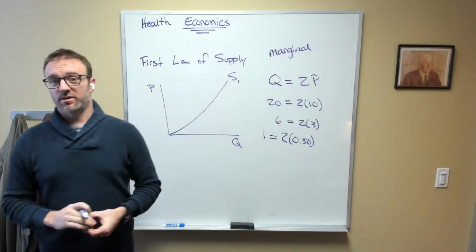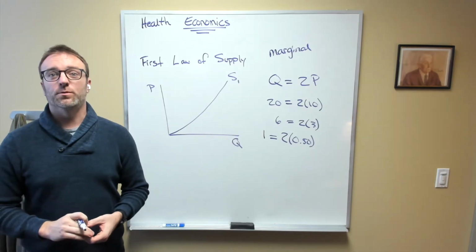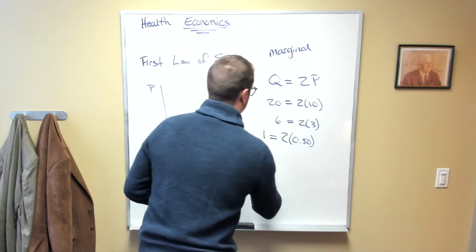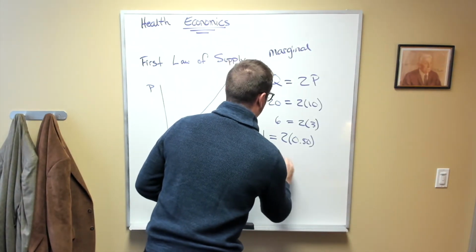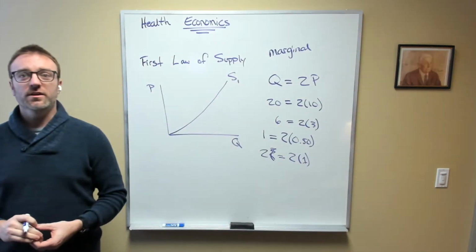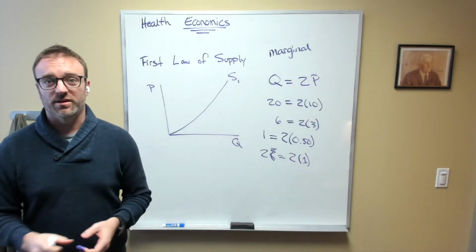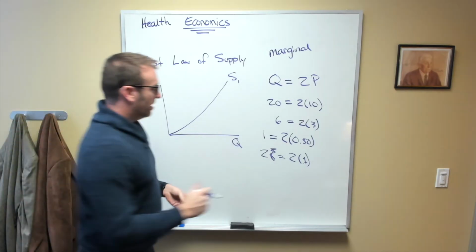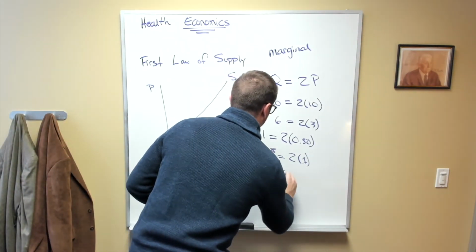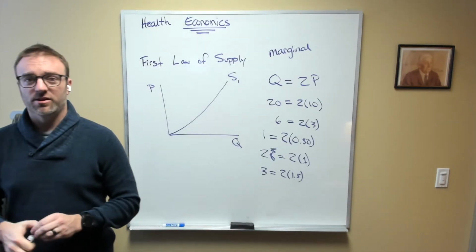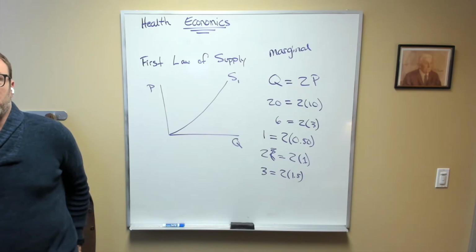To get you to sell me a second pizza, I'd have to pay you $1 just for that second pizza because 2 is equal to 2 times 1. To get you to sell me just a third pizza, I would have to pay you $1.50 because again, 3 is equal to 2 times 1.5. Okay? And we could continue on and on and on.